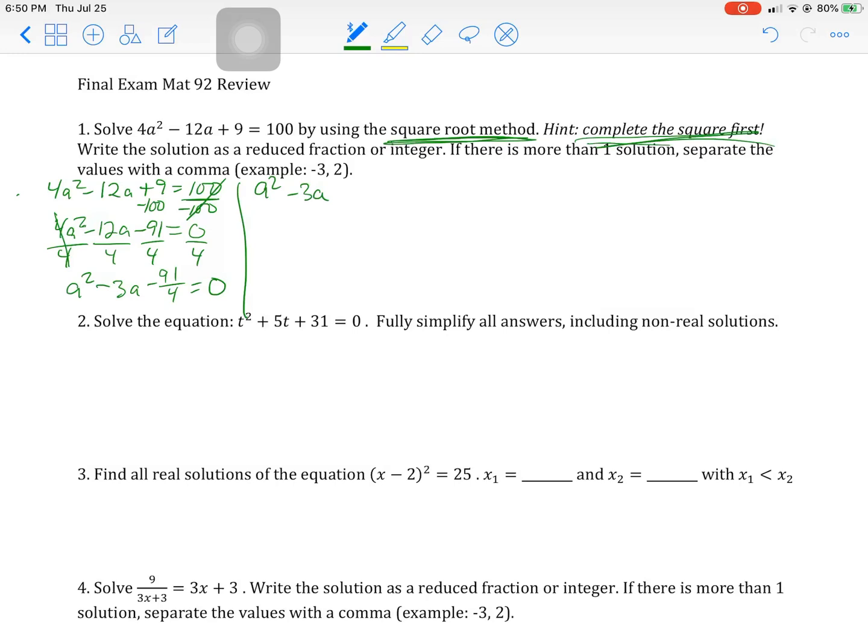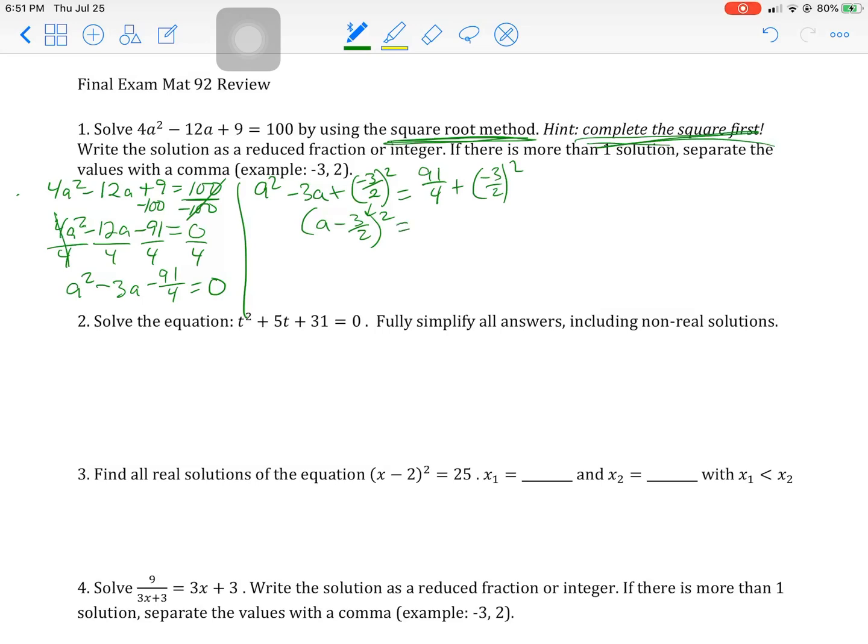All right, and the way I like to do these is put a plus, and then whatever b is, including the sign, you're putting over 2 and squared. And then I have moved this fraction by adding its opposite to the other side. And whatever we add to one side, we're adding to the other side. Then I like to write the a, and then what's in this parenthesis is a -3/2 squared.